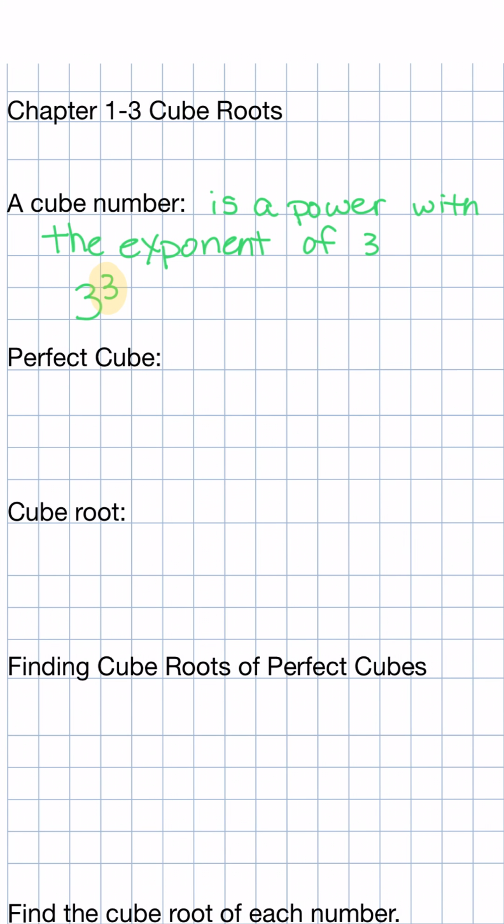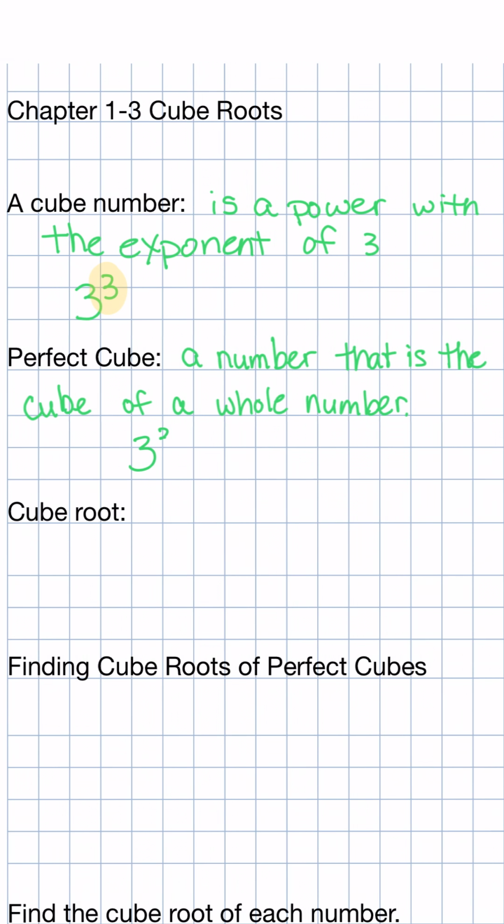This is the exponent of 3. A number that is the cube of a whole number is a perfect cube. So in our example of 3 to the 3rd power equals 27, the perfect cube is 27. 27 is a perfect cube.